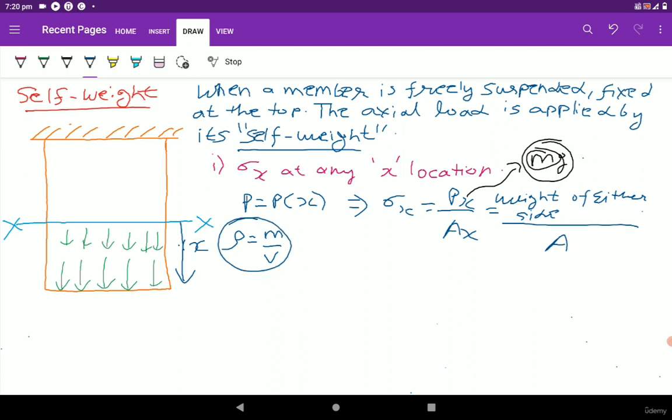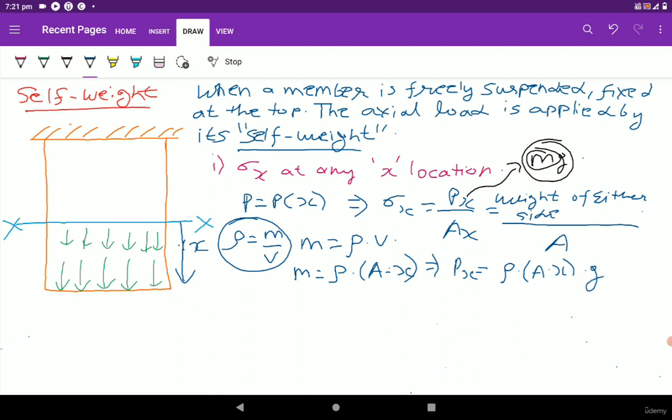The mass is equal to density into volume. Here we can write m equal to rho dot volume, that is A dot x, the area of this rod times the x distance. So we can write Px is equal to rho dot A dot x multiplied by g.